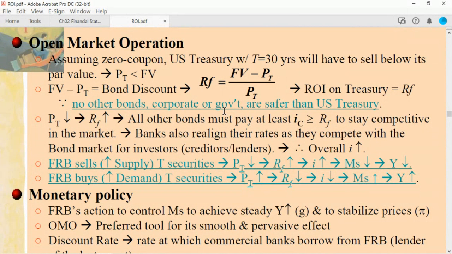But anyway, if we average all of this, that's some percentage of the GDP of the economy.